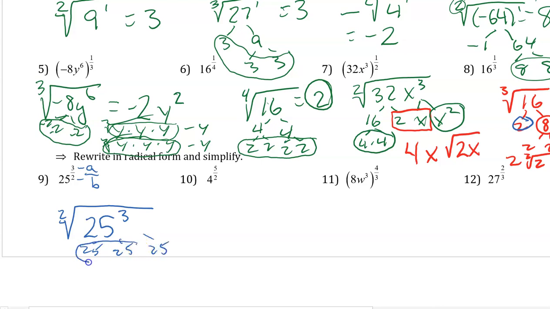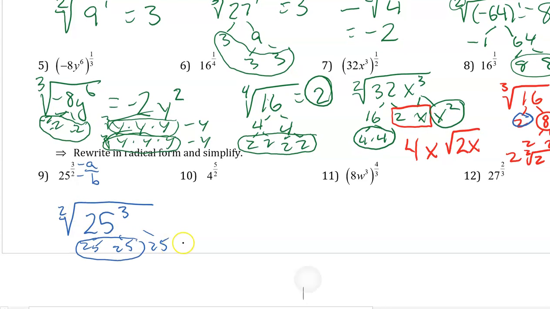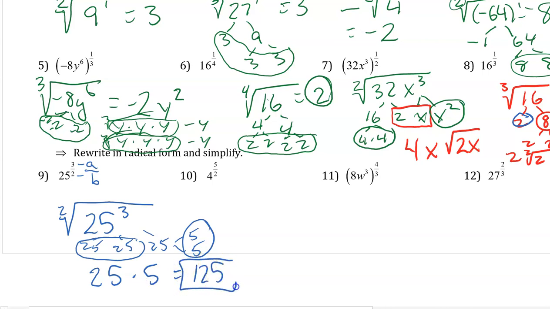So we can take out a pair for our square root, and then we still have 25. Square root of 25, 25 is 5 times 5. So the square root of 25 is 5. So we have 25 times 5 equals 125.